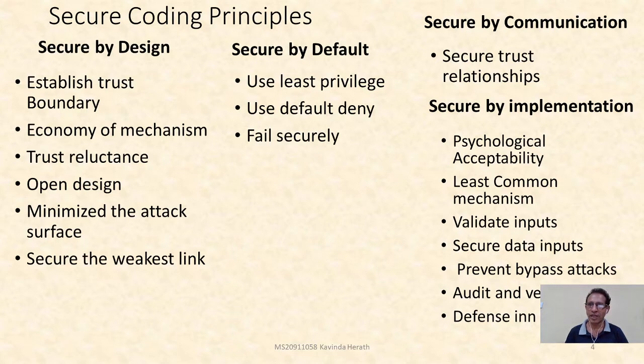So secure by implementation. The implementation should be secure in some areas, not only in the latter part of the implementation. So that is secure by implementation during the process time.